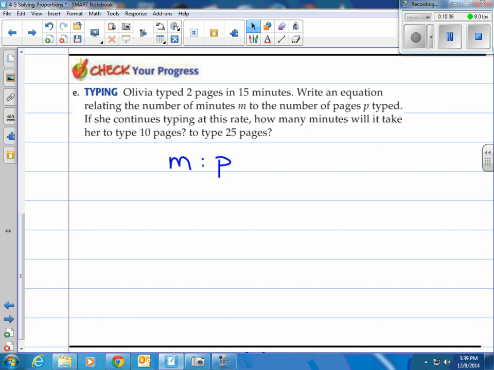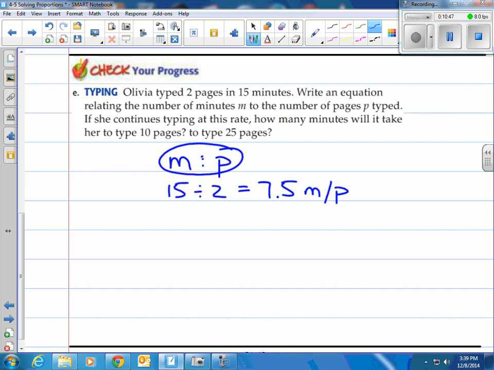How about 25 pages? Well, to do 10 pages, let's figure this out. We have to find 15 minutes and divide it, because of this ratio here, which means 15 divided by 2. And we get 7.5 minutes per page. So it takes 7.5 minutes per page.